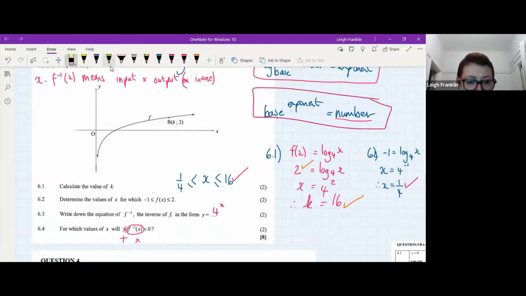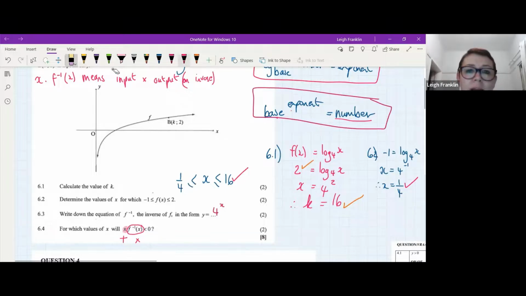In order for us to get an answer that is smaller than 0, which means negative. If I say a is smaller than 0, I'm saying a is negative. If I multiply two numbers together and I want a negative answer, one of them has to be positive, the other one has to be negative, doesn't it?